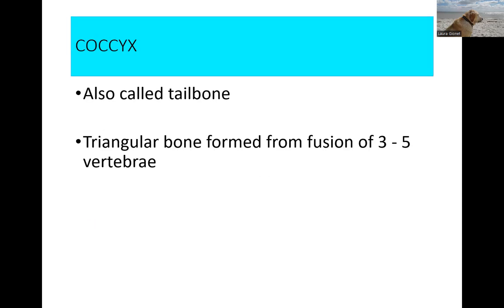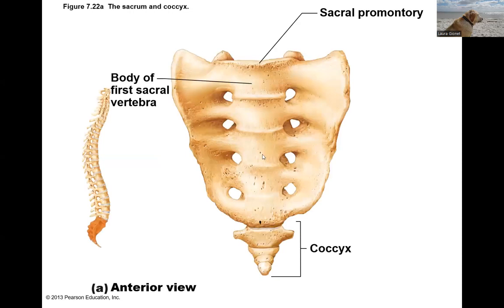The coccyx, also called the tailbone, is a triangular bone formed by 3 to 5 vertebrae. So here we have a picture. We're looking, from anterior to posterior, at the sacrum and the coccyx below.